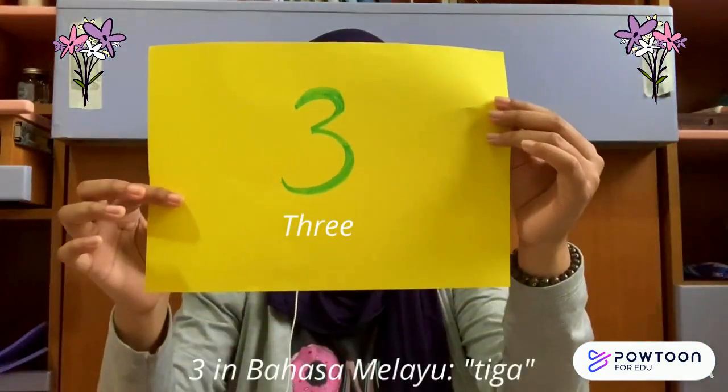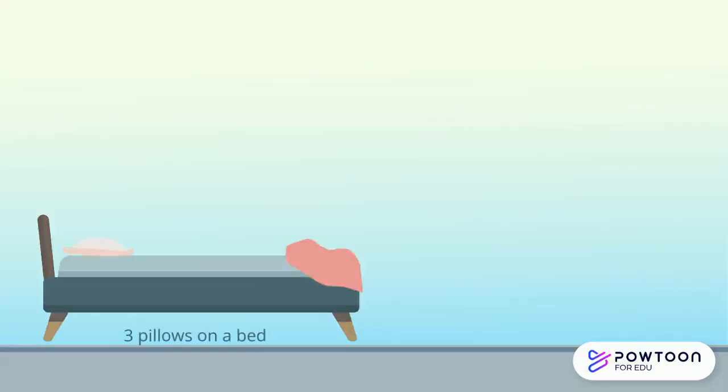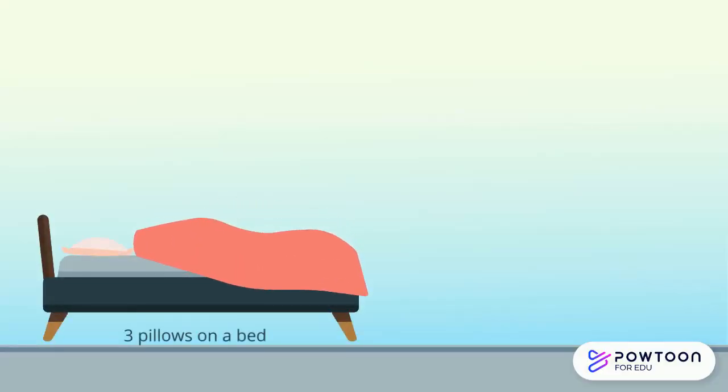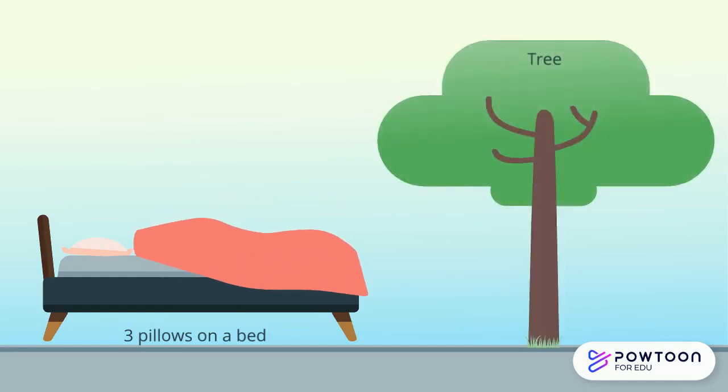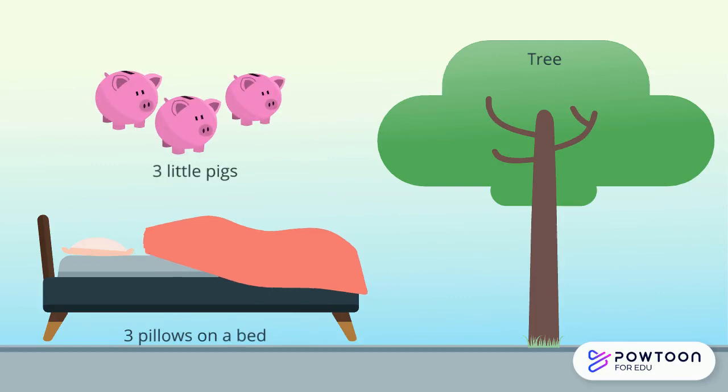What about number 3? Perhaps you may think of the number of pillows on your bed. Perhaps you may visualize a tall tree that is rooted to the ground as it sounds similar to the number 3. Or perhaps the number 3 reminds you of the story The Three Little Pigs.